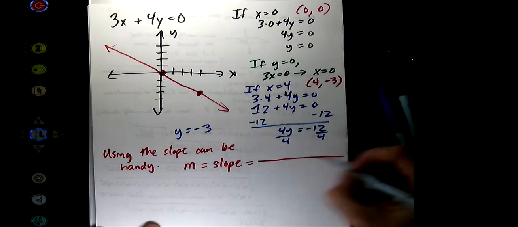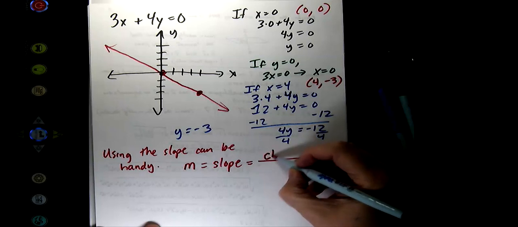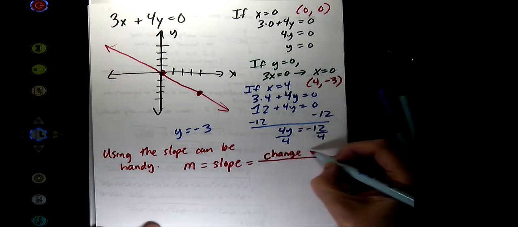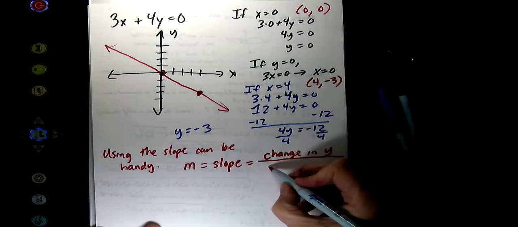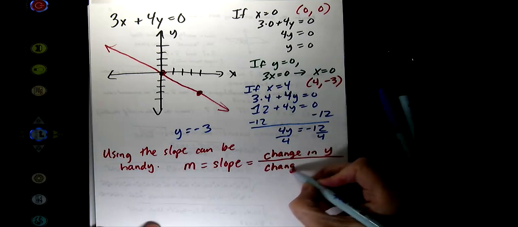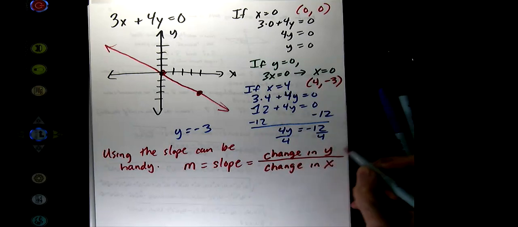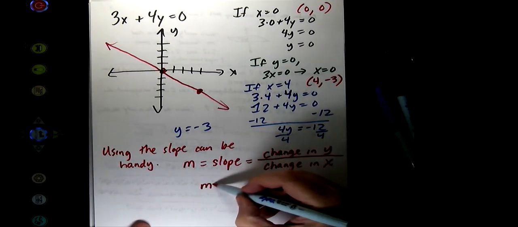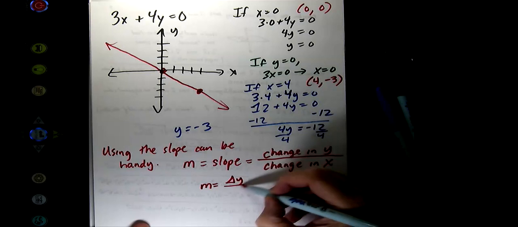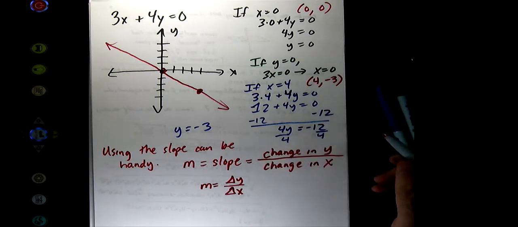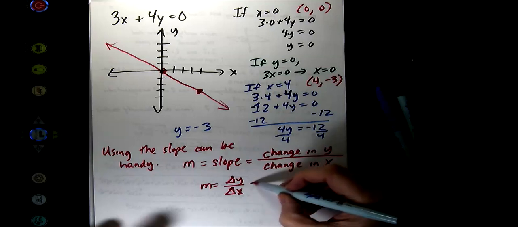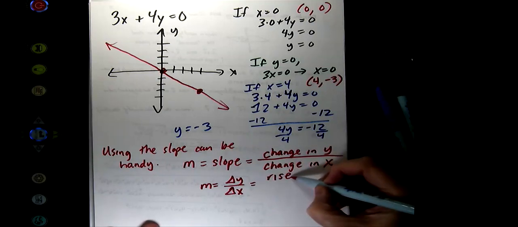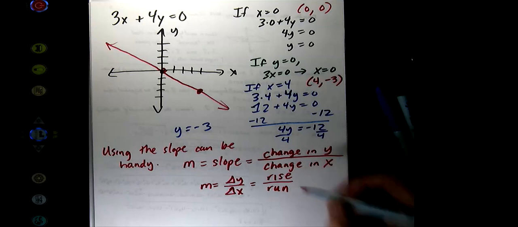On top of the fraction is how much y changes, or a change in y. And the bottom is how much x changes, or a change in x. You might see this as delta y over delta x. Triangle is delta in the Greek alphabet. And you might be familiar with the phrase rise over run.